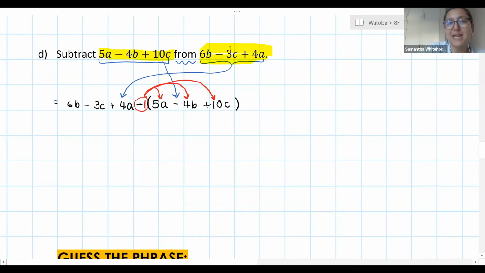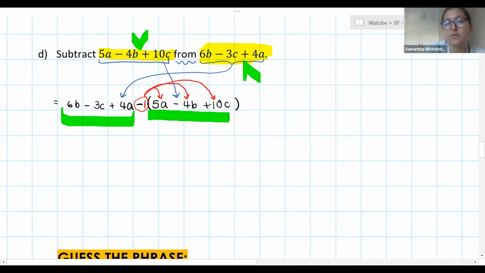So I want to take this first expression away from the second expression. And so that's why I've set up this equation. I've got my first expression and I'm taking the 5a minus 4b plus 10c away from it. That's what it's telling me to do. Subtract it from the 6b minus 3c plus 4a.